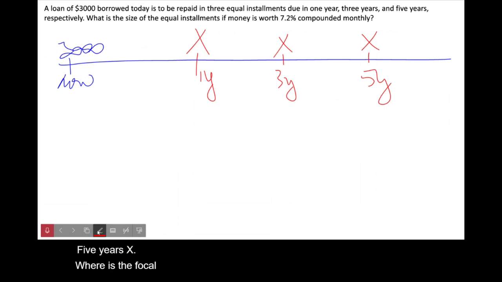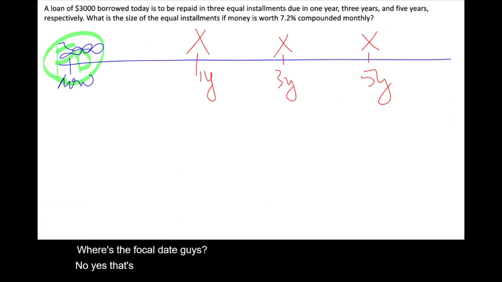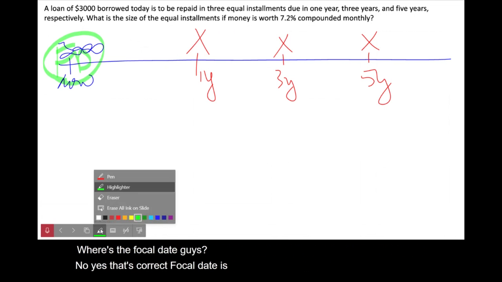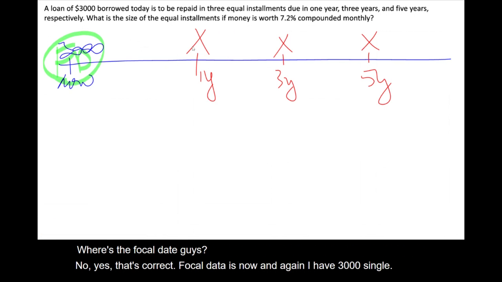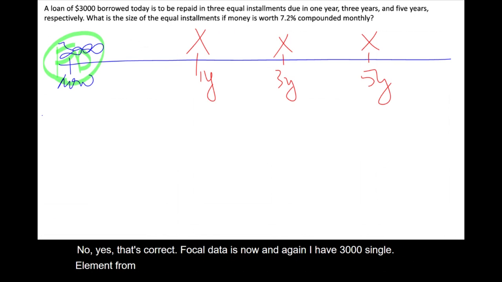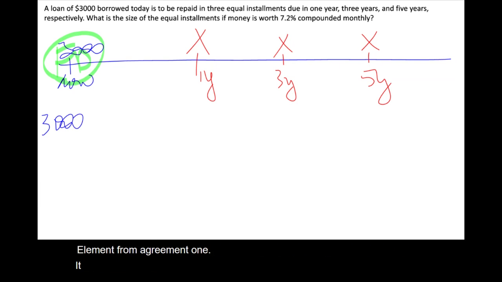Where's the focal date, guys? No, yes, that's correct. Focal date is now. And again, I have 3,000, a single element from agreement 1. It makes sense to create the equation right away.